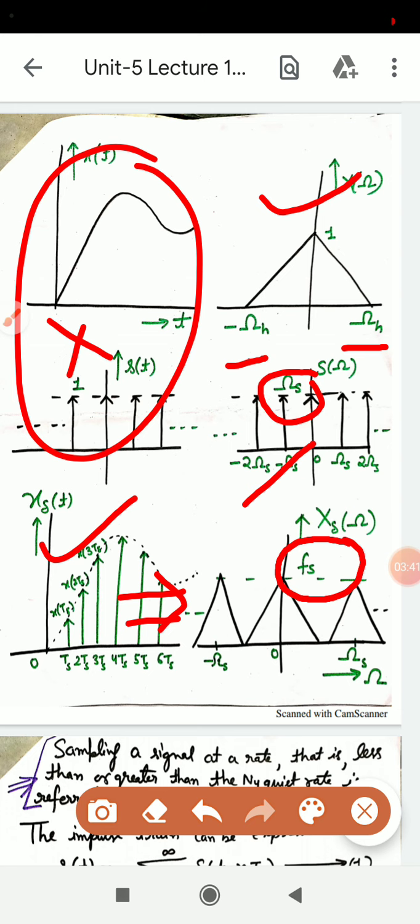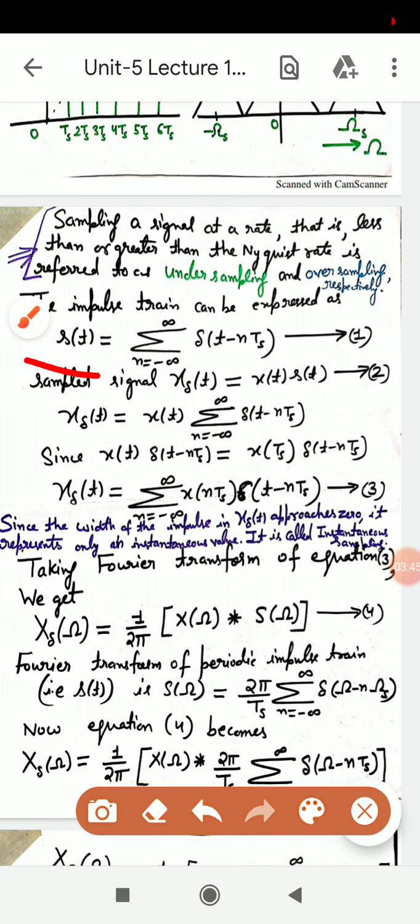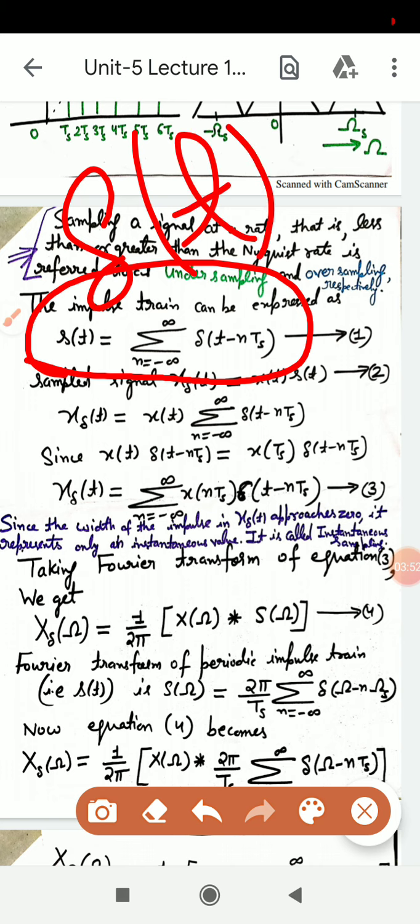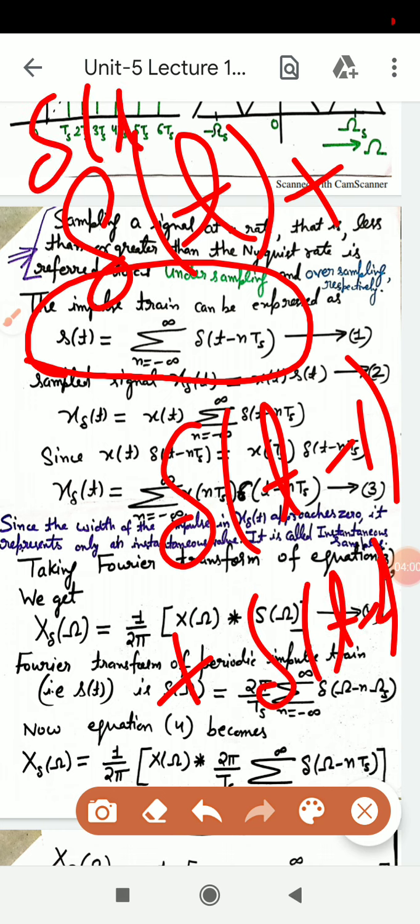And how do we get this? First of all, the impulse train is denoted by this summation of delta. The impulse train means a sequence of delayed and advanced impulses.